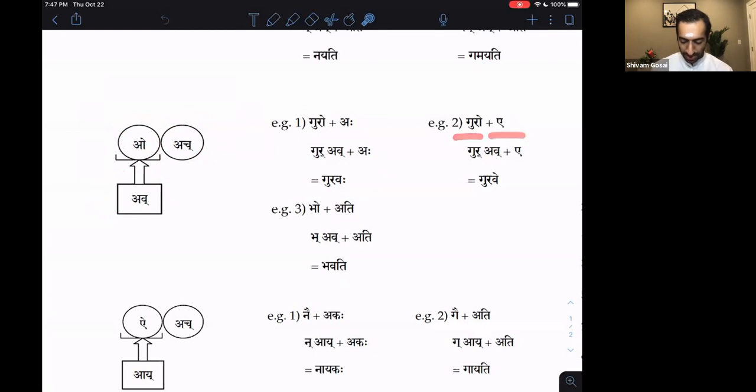Guro plus e. O gets replaced by av. Gurave namaha. Right? Shri Gurave namaha. Bho plus ati. So bhu dhatu becomes bho. It takes guna. And then o plus a becomes av, becomes bhavati. That's how bhavati is formed, by the way.